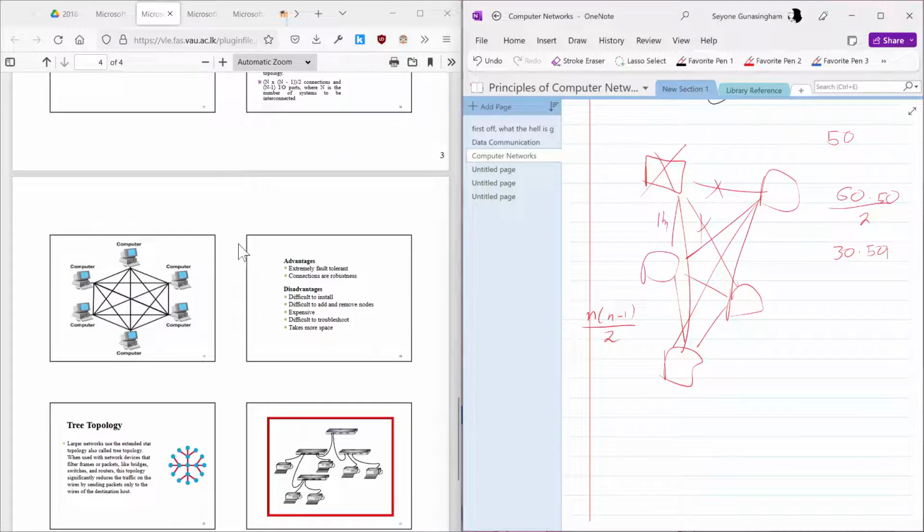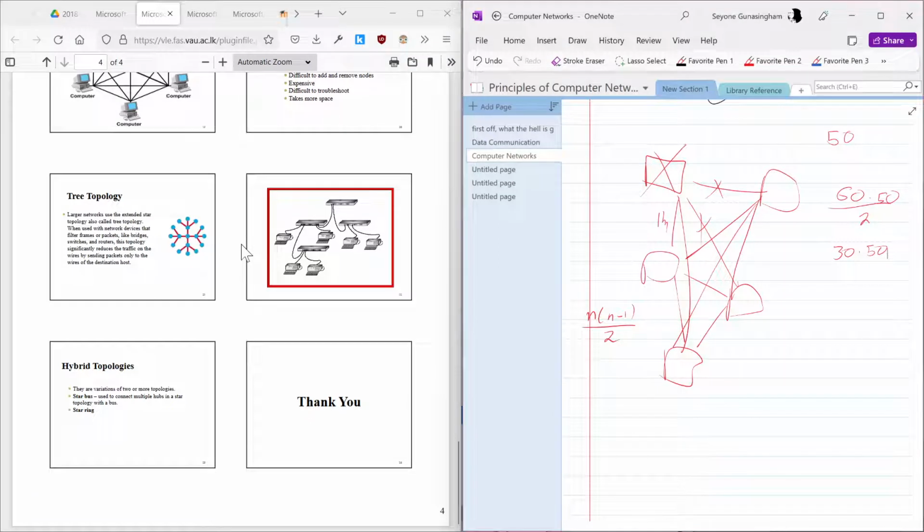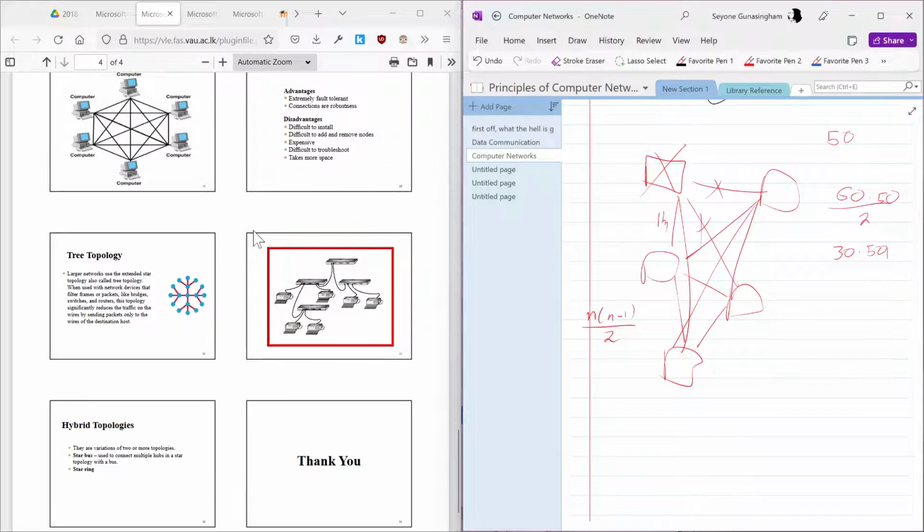Yeah, that's that. Tree is, again, a hybrid. Tree is a type of hybrid, and hybrids in general. So what is this? This is the sort of star, right? Well, it's missing two parts, but if you take a star and connect it up, you get a tree.